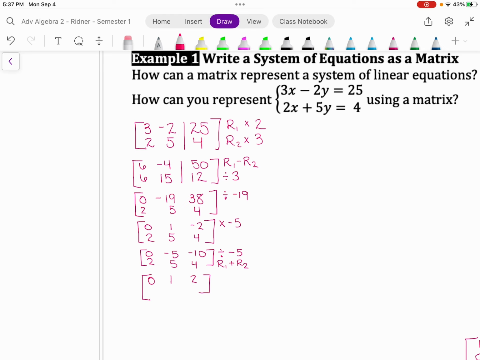And then, oh, this should have been positive, so that one should be negative. I knew something was wrong there if you heard my hesitation. All right, and then 2, and then I'm going to add these rows. So I get 2, I get 0, and I get 14.